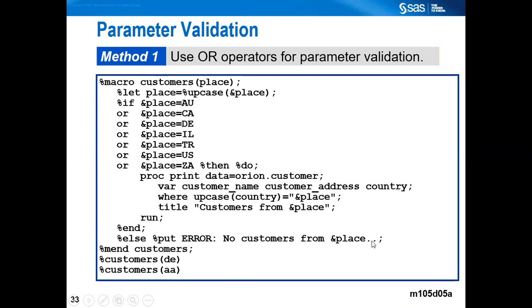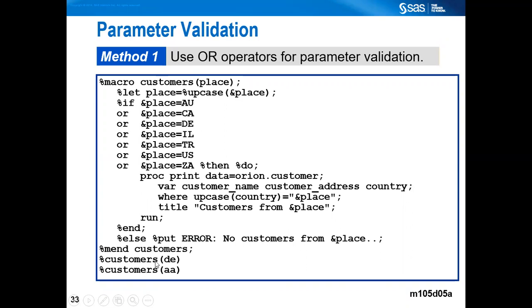So you see there are 2 dots provided. One acts as the end of your macro variable reference. One period ends your error statement, and this semicolon is the end of your %put statement.